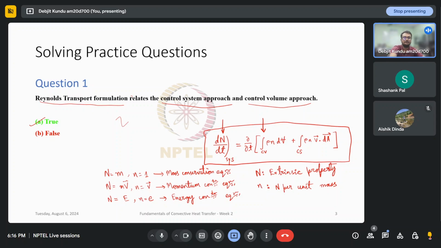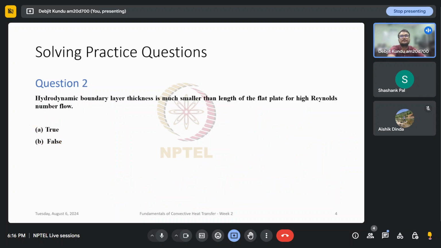Okay, if not, we will move on to the next question of today's session, which is question number 2. Again it's a true or false type of question, which states that hydrodynamic boundary layer thickness is much smaller than the length of the flat plate for high Reynolds number flow.